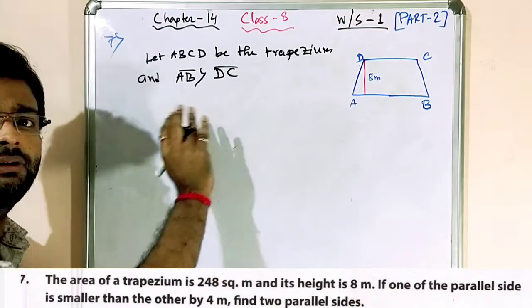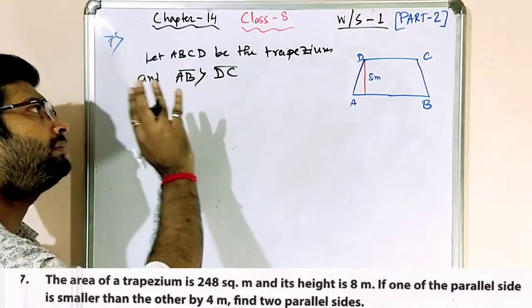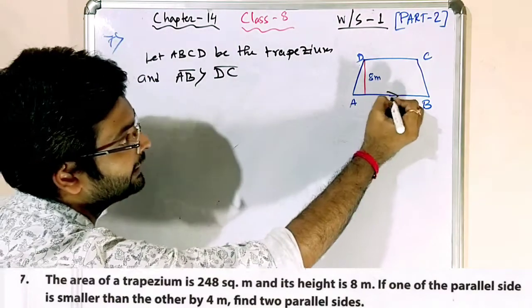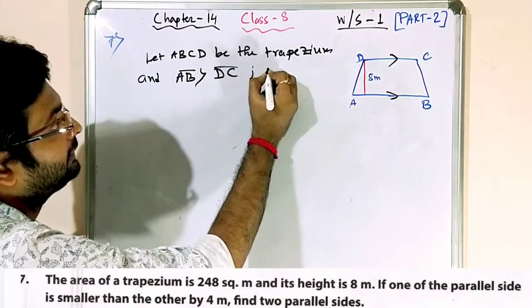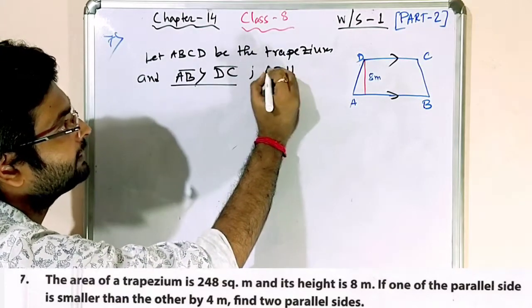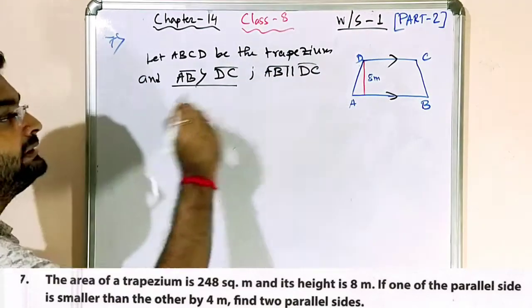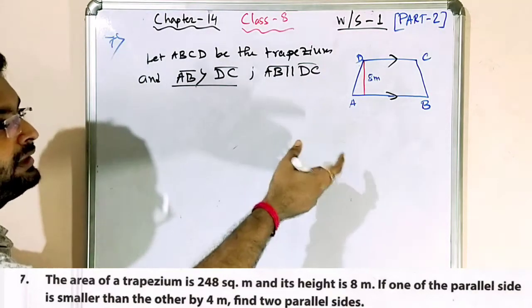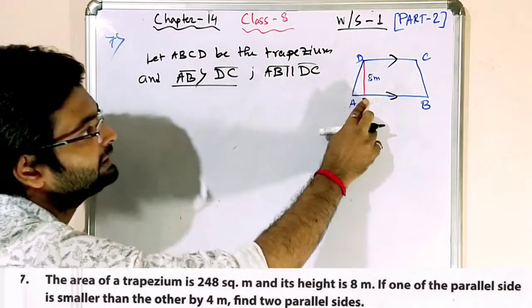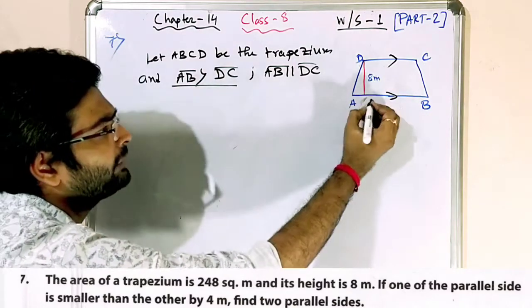That is not mandatory; I have just mentioned that this is the greater side. What is important is that AB is parallel to DC. These two are parallel, so definitely this is the height. Suppose this is X, since D is already there.